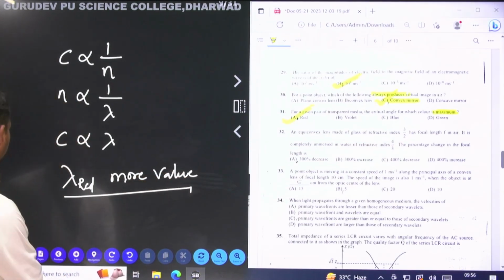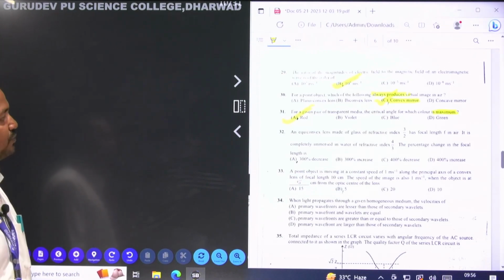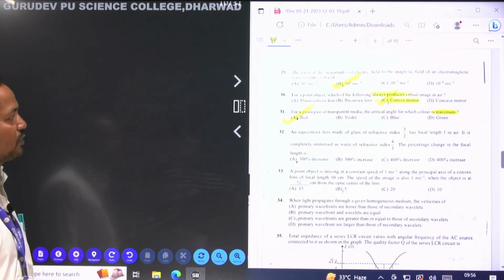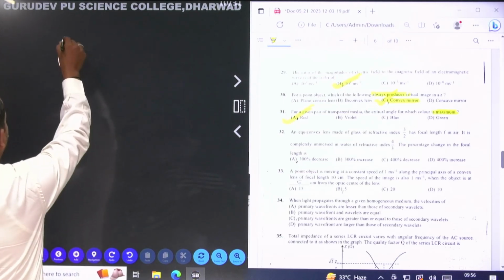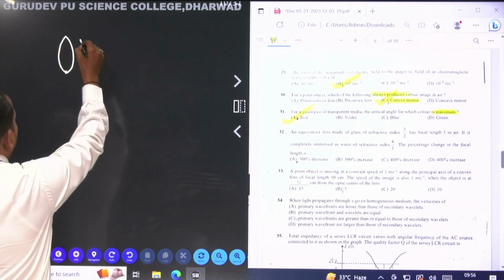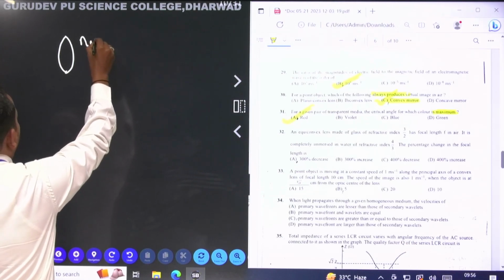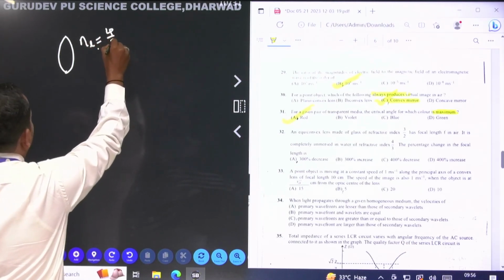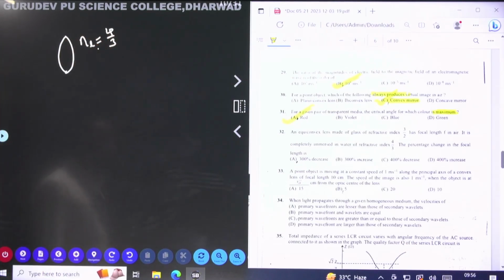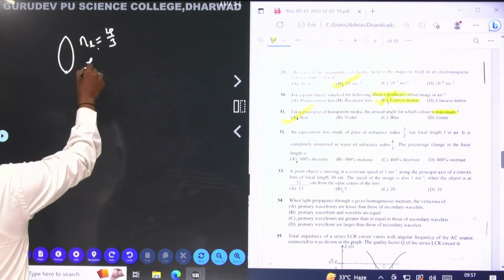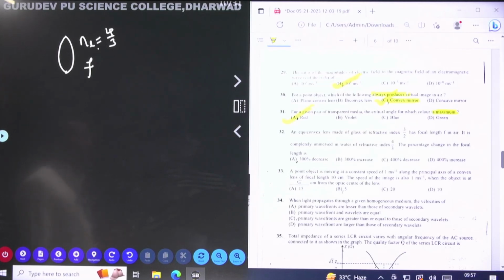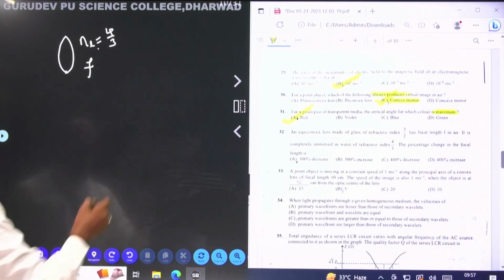Okay, red color. Then, next question 32, which is an equiconvex lens made of glass with refractive index NL equal to 3/2 when it is placed in air. Then the focal length of this equiconvex lens is F. It is completely immersed in water.